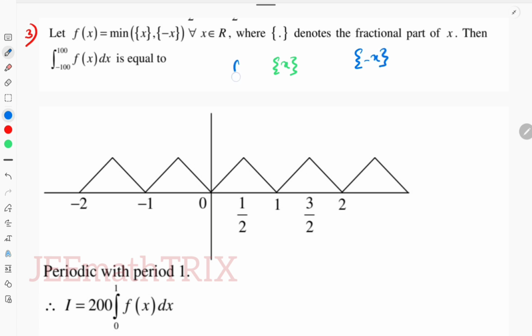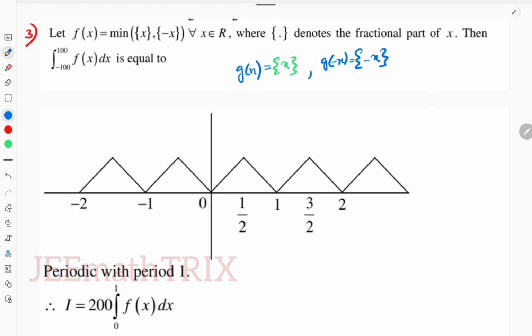Let us call this g of x, and this will be g of minus x. What type of transformation will g of x and g of minus x have? If g of x is, for example, log x, then g of minus x will be symmetric, a mirror image with respect to the y-axis.